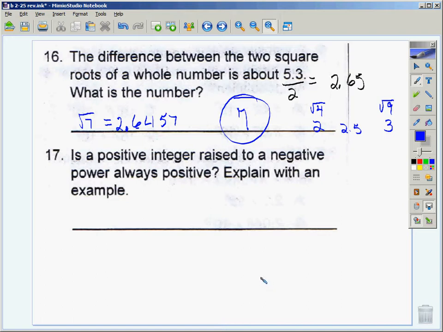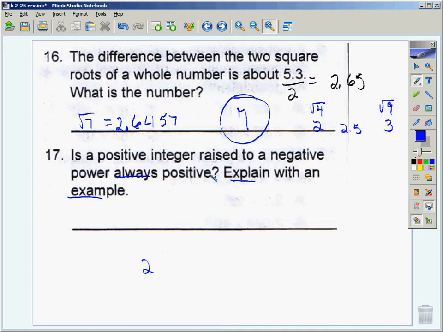Number 17. Is a positive integer raised to a negative power always positive? Okay? And again, anytime they're asking is it always positive, it's a good idea to think of an example, which they said I could explain with what? An example. I'm going to take a positive integer, 2.